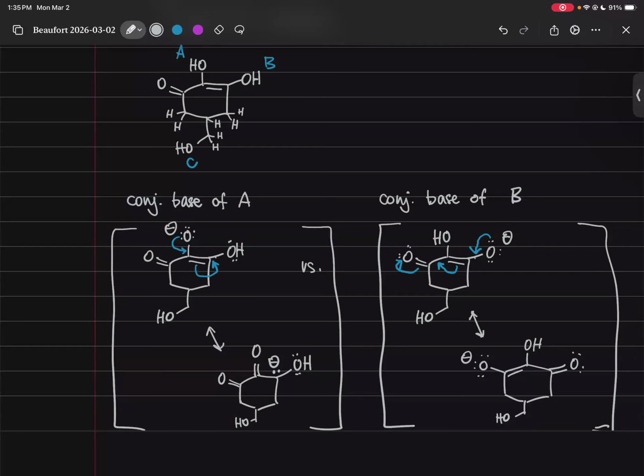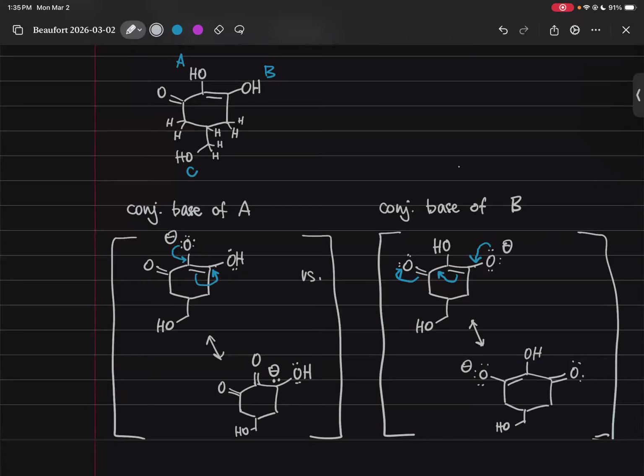But we have a negative charge on oxygen in both cases. And so that means that the conjugate base of B has better resonance stabilization than A. So that means that the proton here is the most acidic.